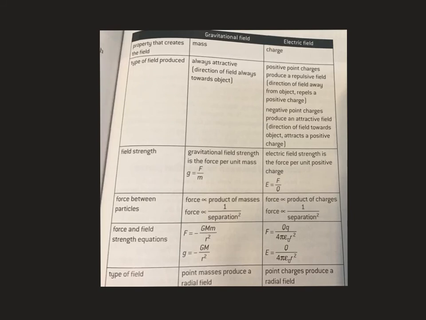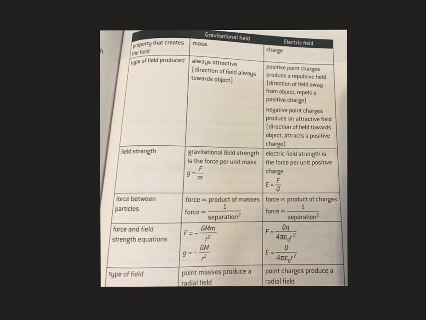So hopefully we've come up with something that looks a little bit like this. In terms of the property that's creating the field, in our gravitational field, it's mass. There is a gravitational field around mass. But in our electric field, it's charge. If you have a point charge, there is an electric field created around that charge. In terms of the type of field produced, this is where it's interesting. We just saw with the electric field that positive charges repel and negative charges attract.